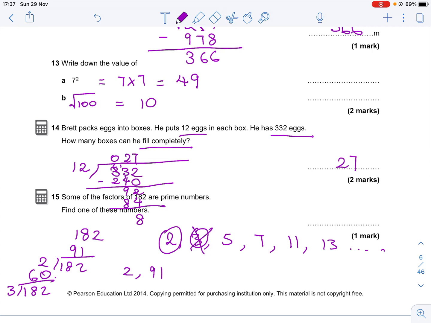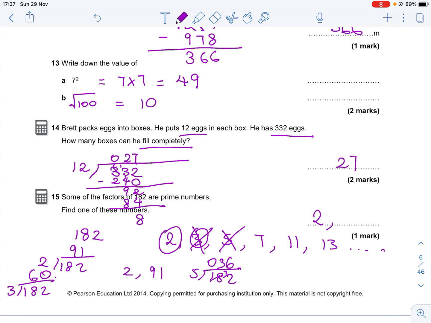Then we can try 5. 182 divided by 5 is also not divisible: 5 goes into 18 3 times, and we have 32, and 5 goes into 32 6 times, and again we have a remainder of 2. Therefore 5 is not.